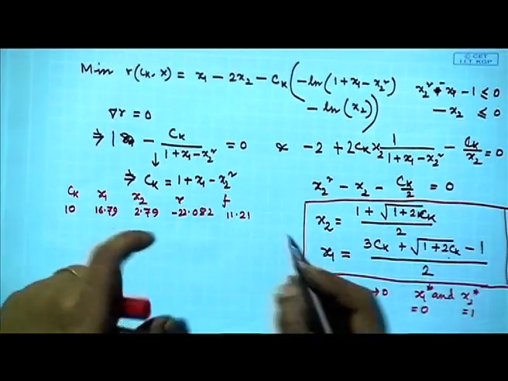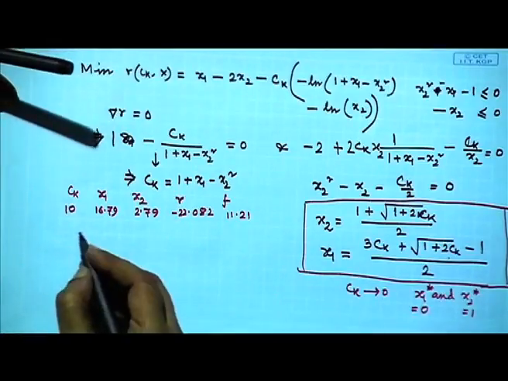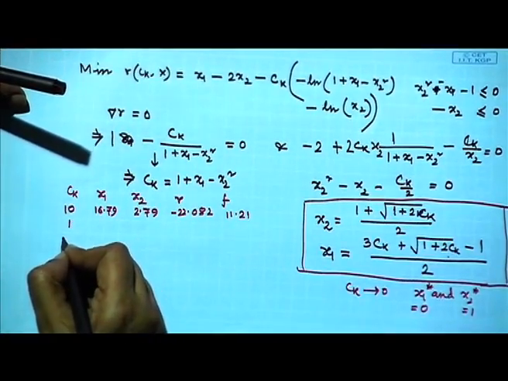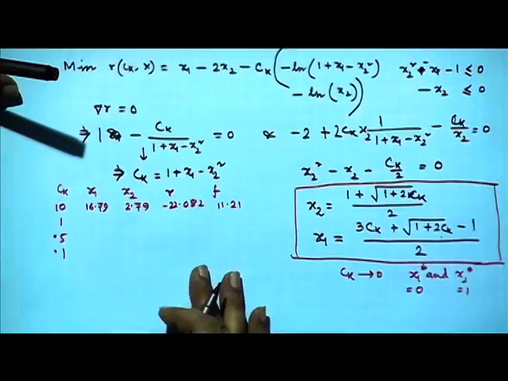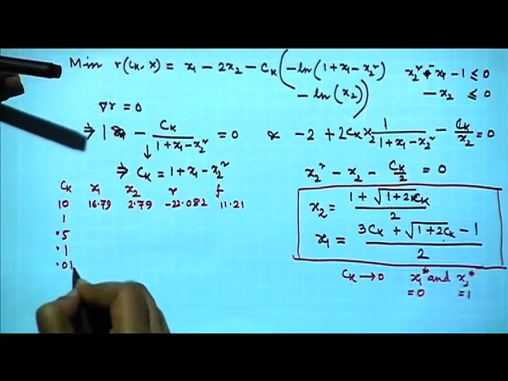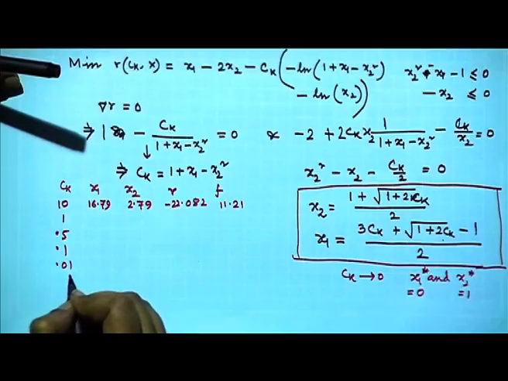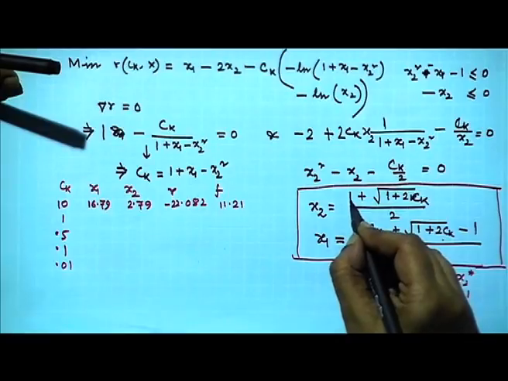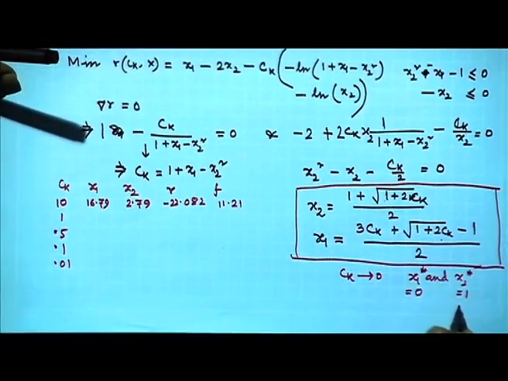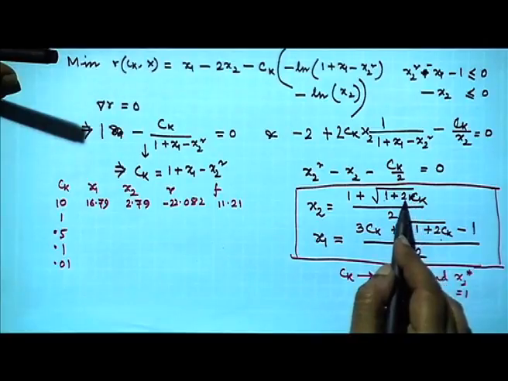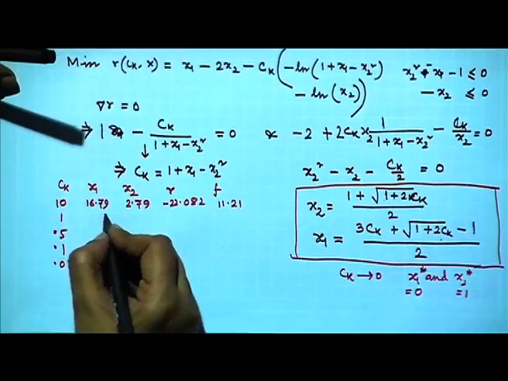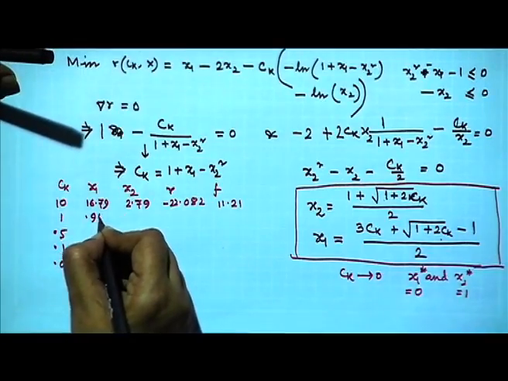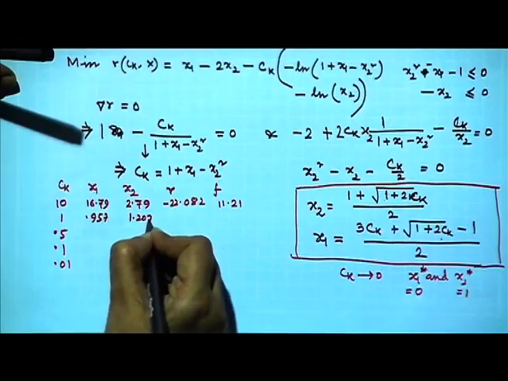If we do this for other values, ck equal to 0.5, 0.1, 0.01, any problem? If ck tends to 0, this is 1 plus 1 divided by 2, that is 1, and this term is 0. And we will get a sequence of this, that would be 9.57, 1.207, like that.